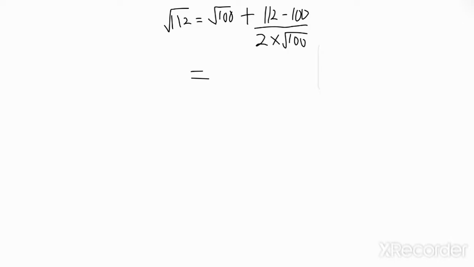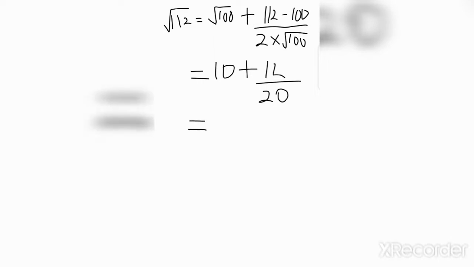Root 100 is 10, plus 112 minus 100, that's 12, over 2 times 10, that's 20. So that's 10 plus 12 divided by 20.